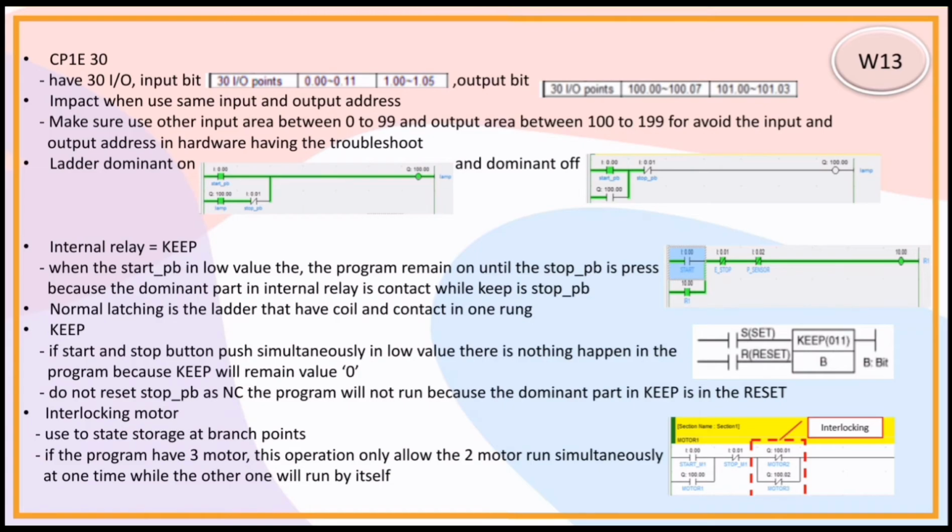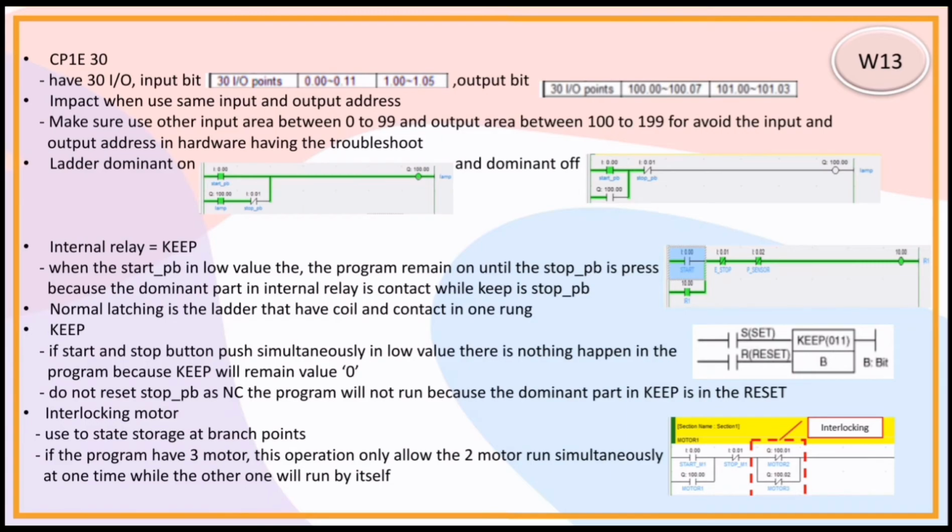Lastly, we also know about the sequential instruction set. There is keep and interlocking motor. For keep, if start and stop buttons are pushed simultaneously in low value, nothing happens in the program because keep will remain at value 0. Next, the other point for keep is do not set stop PB as normally closed because the dominant part in keep is the reset, so the program will not run if we put stop PB as normally closed.